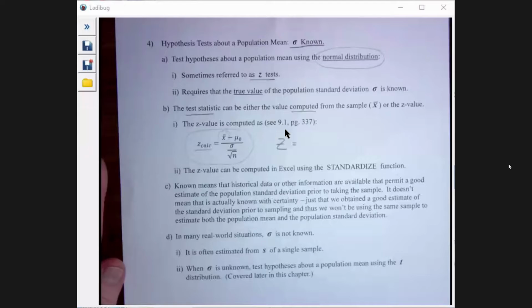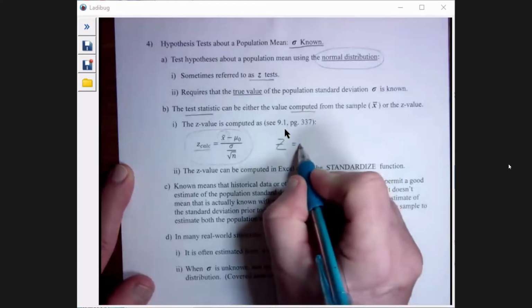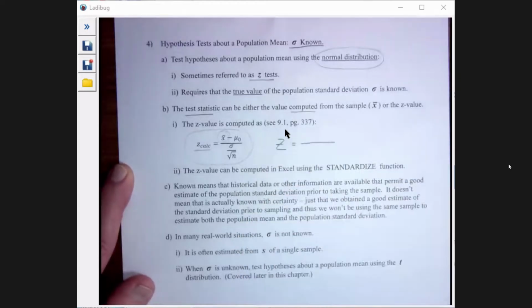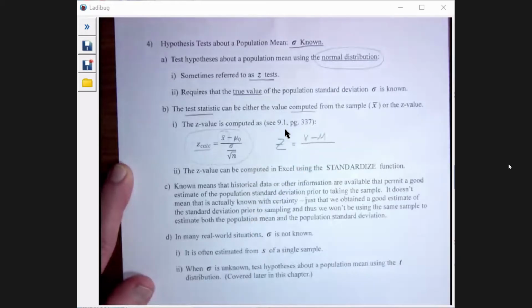Standard deviations from the mean. Exactly. How many standard deviations we are from the mean? Well, we're this far from the mean, and if we divide by the standard deviation, that tells us how many standard deviations we are from the mean.